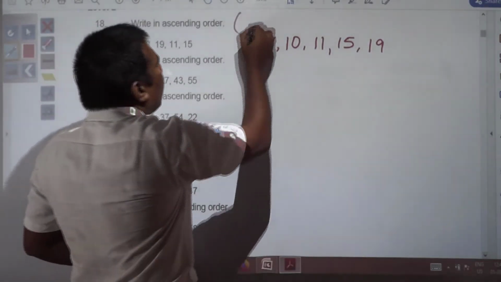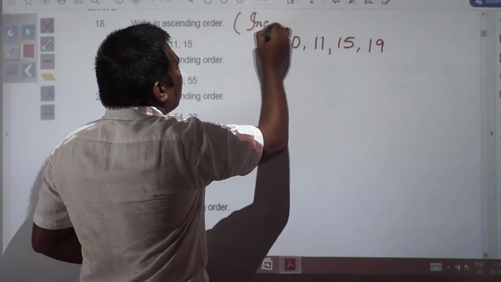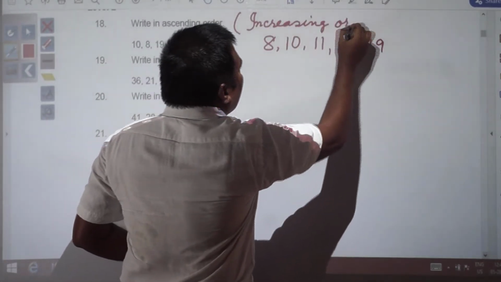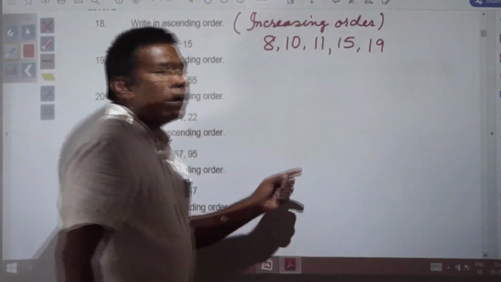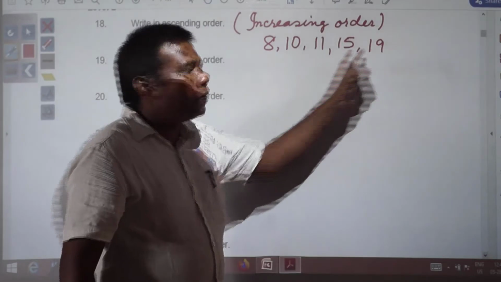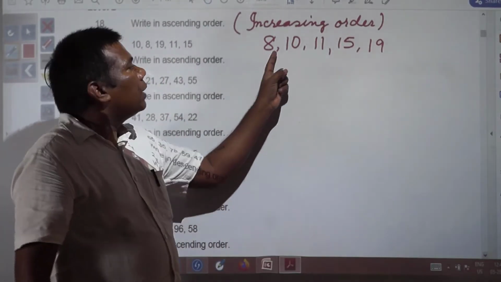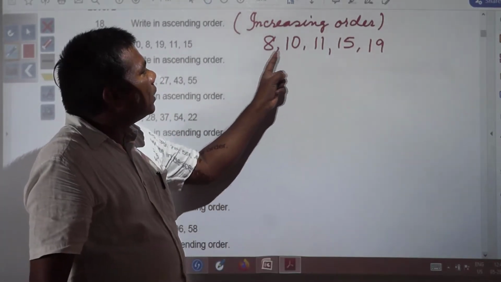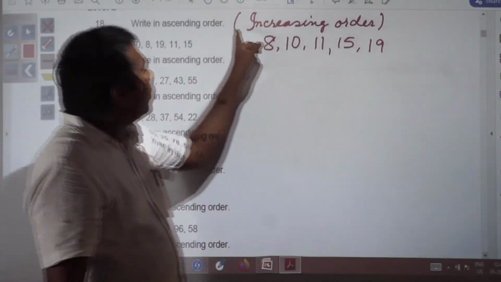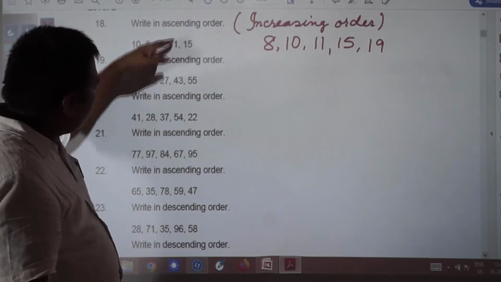This is also called increasing order. Why is this called increasing order or ascending order? Because numbers are increasing. The smallest one was 8 and started increasing, and this is 10, then 11, 15 and lastly you got 19. So in this way only other questions are there.